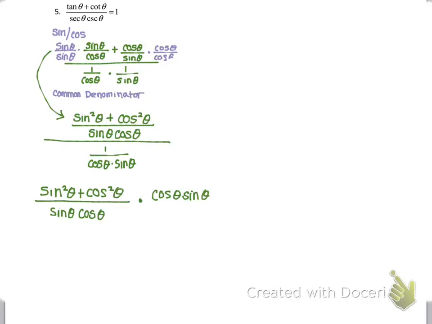And what do you notice? These simplify. So now we are left with sine squared plus cosine squared, which you know, according to the Pythagorean identities, equals 1.